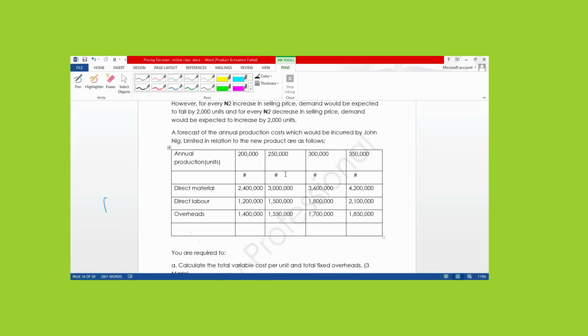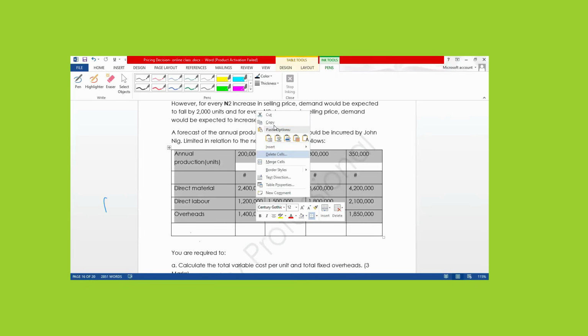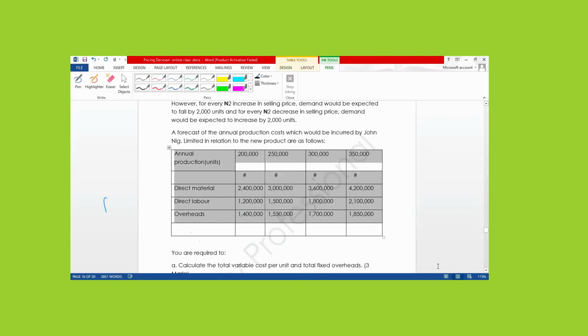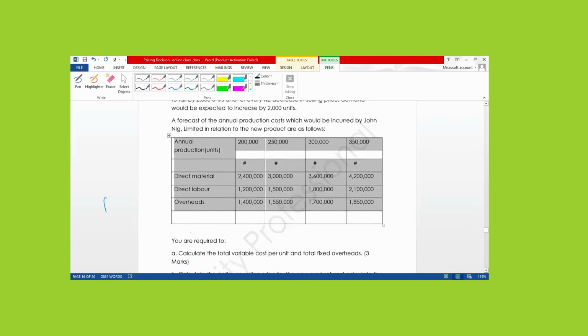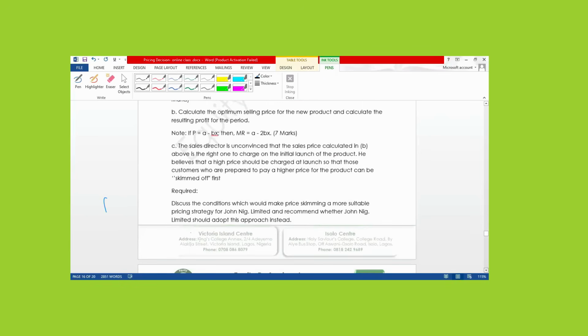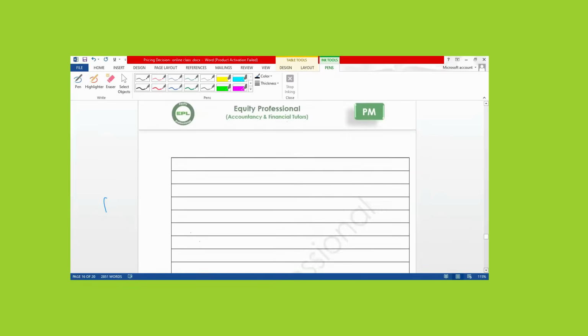We need to test for cost behavior. Let me copy this to save me time. Remember the knowledge of cost estimation.